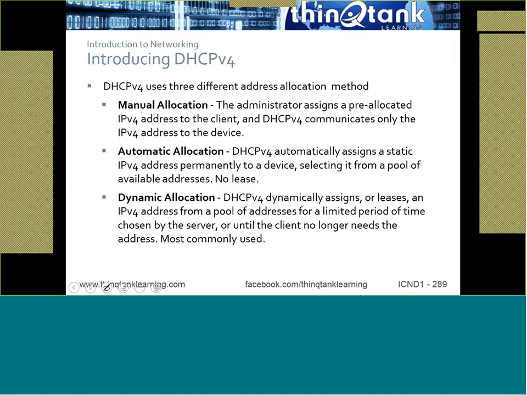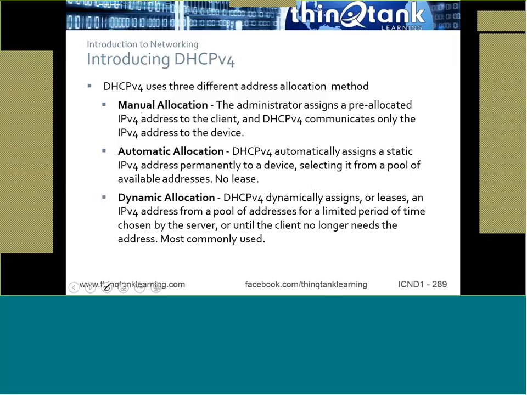Once that time is expired, the client needs to renew its lease by sending out another discover and going through the process again of renewing its lease. Automatic allocation is exactly the same as dynamic, but the only difference with automatic is there's no lease time, meaning that once the address is assigned, the client keeps that address, well, forever.